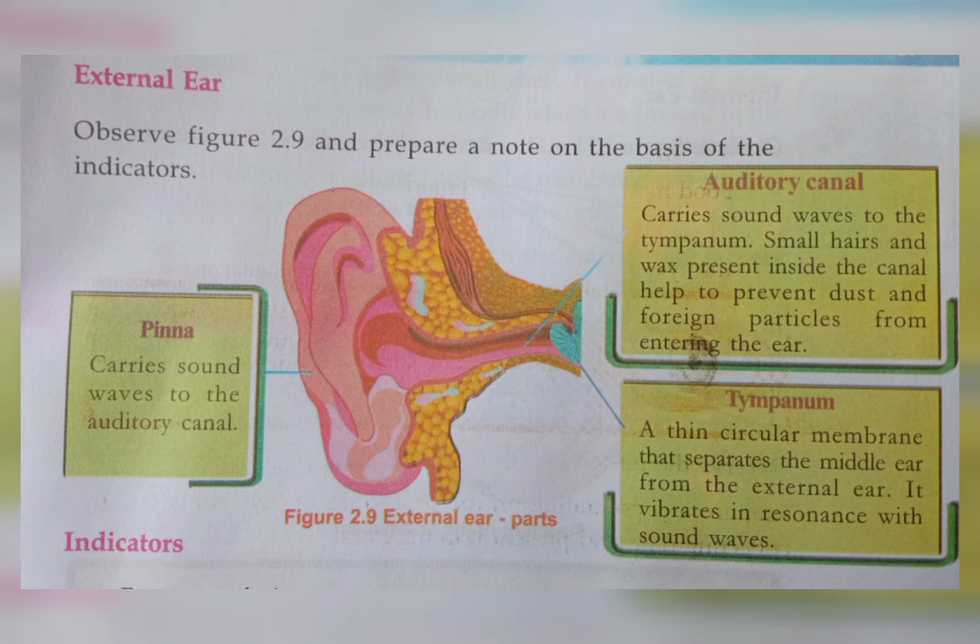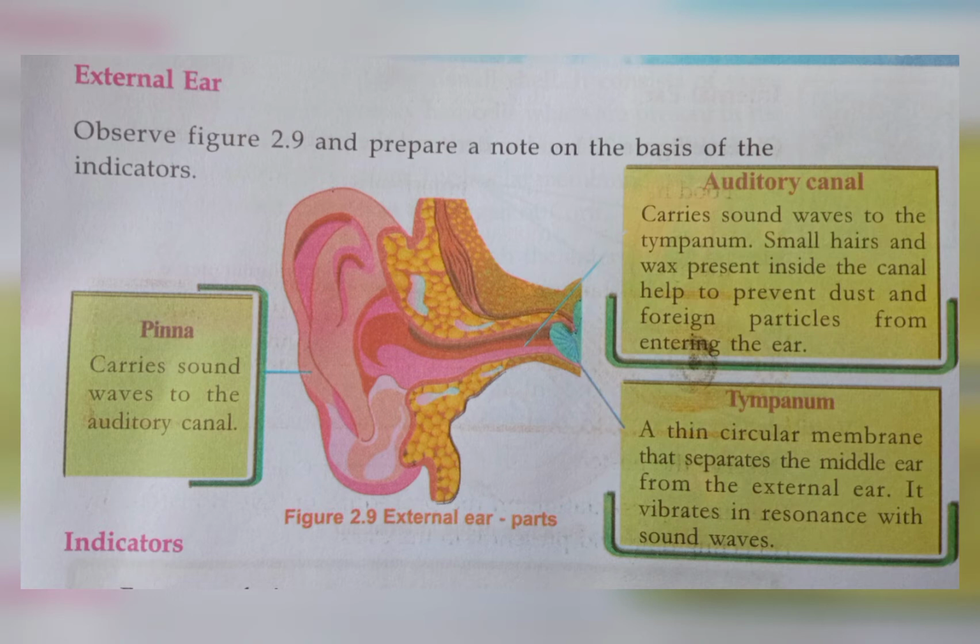Okay, each one I am going to explain. Take your textbook, page number 31. First I am going to explain the external ear. The external ear has three main parts: pinna, auditory canal, tympanum.